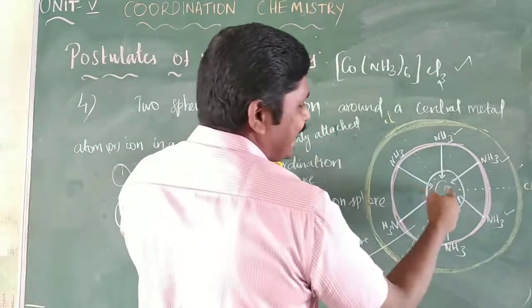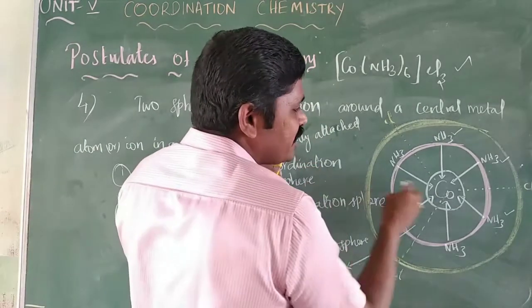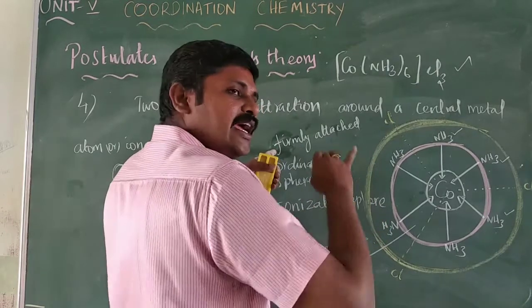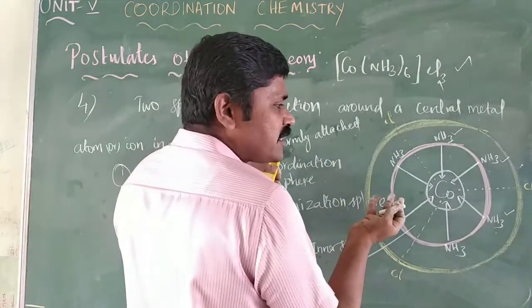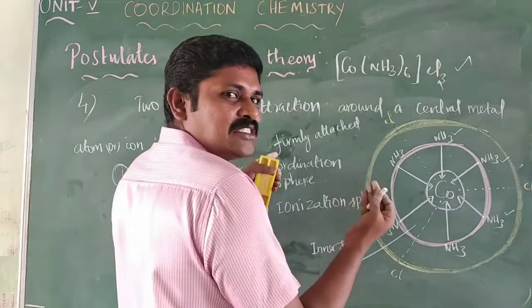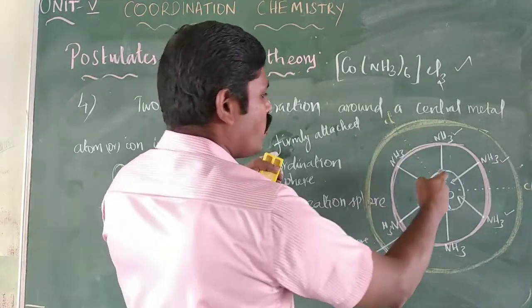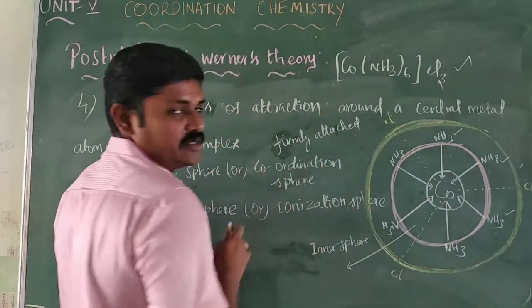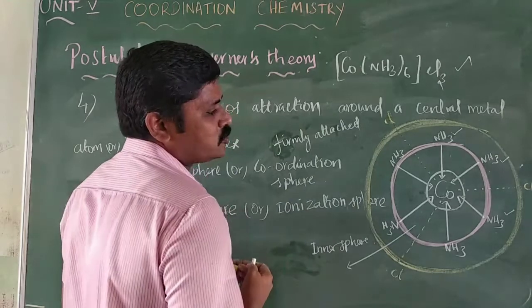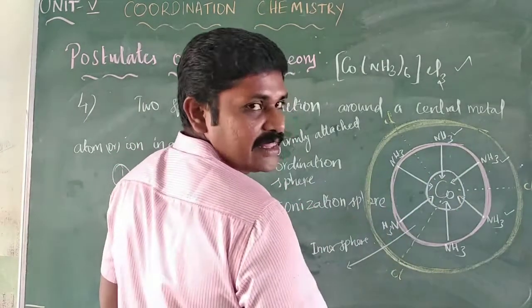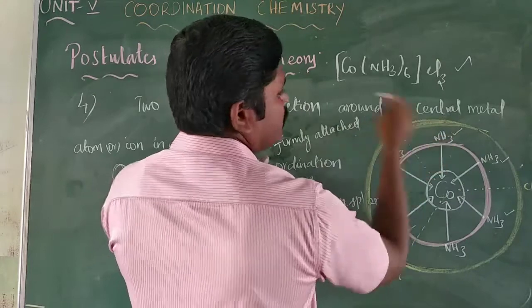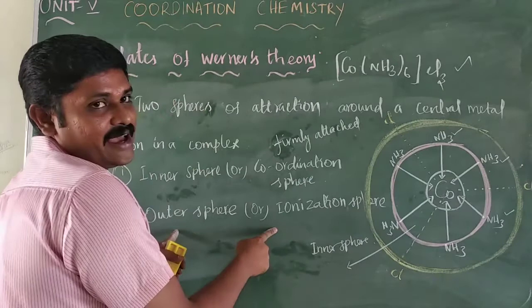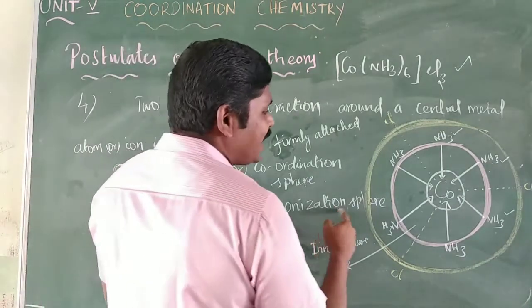Right? The secondary valency is satisfied by neutral molecules, negative ions or positive ions. Those ions or molecules are called ligands. So the groups present in the inner sphere are strongly attached, a strong bond formed between the central metal ion and ligands. The outer sphere is also known as the ionization sphere.